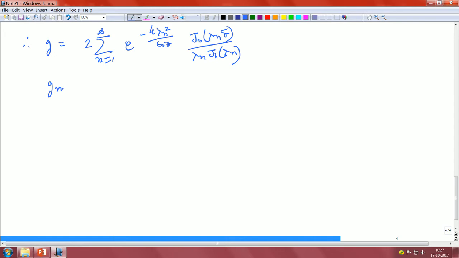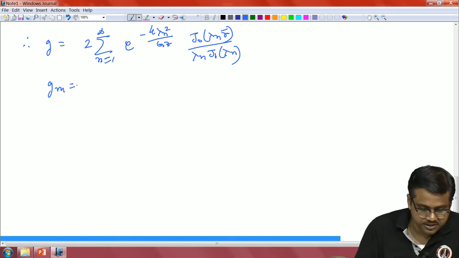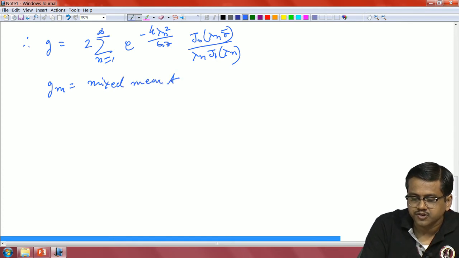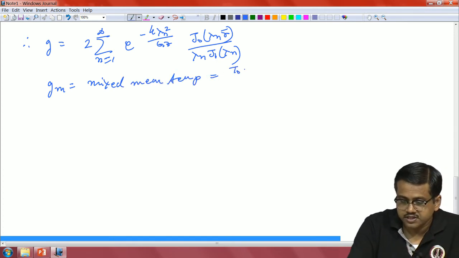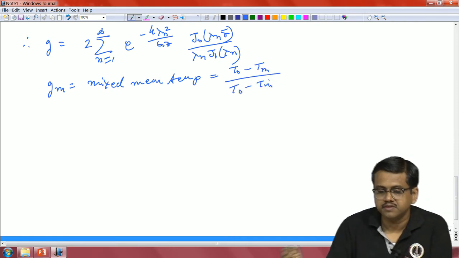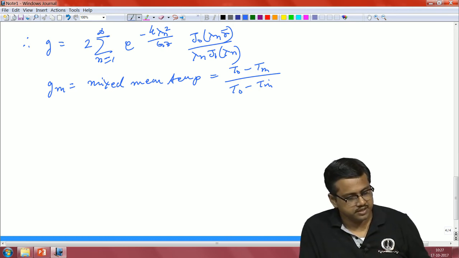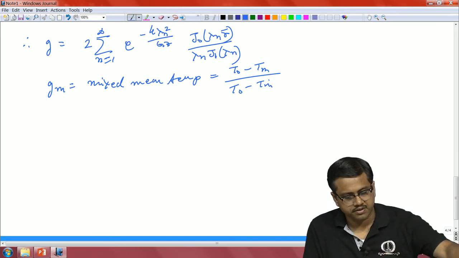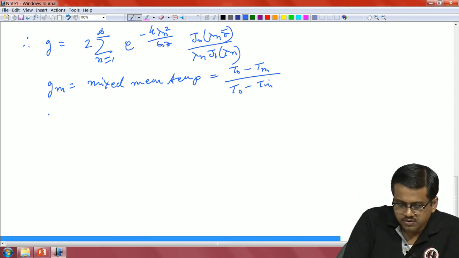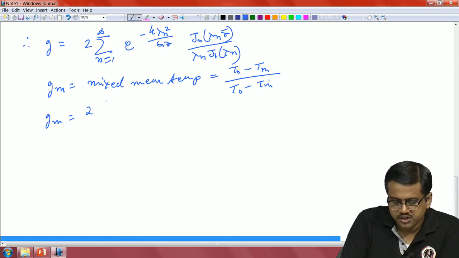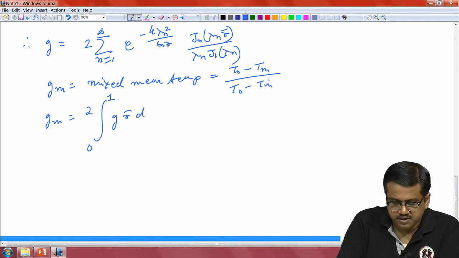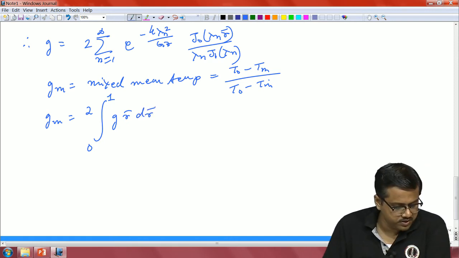So, Gm, which if you recall is the mean temperature or the mixed mean temperature, is given as T naught minus Tm divided by T naught minus T in, right. So, that is the mixed mean temperature that we have. Got it? In order to evaluate that, we already know how to do it. It is the integral from 0 to 1 of G R dR. That is what it is.